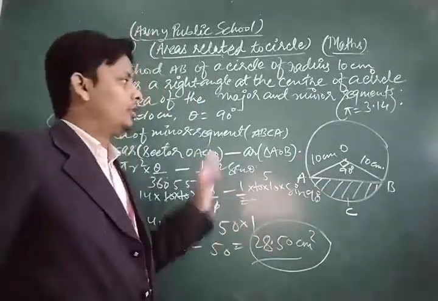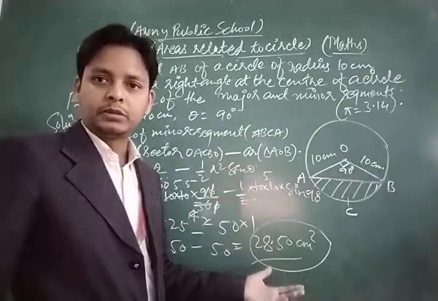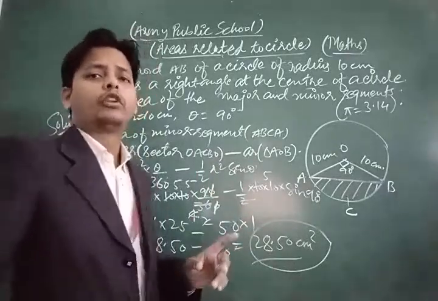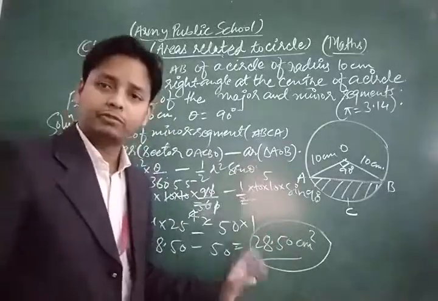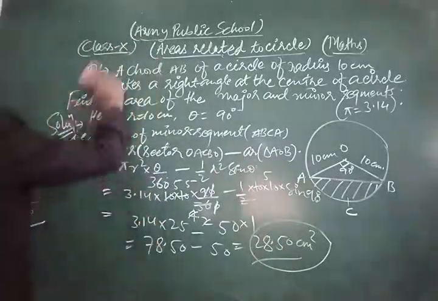Now we also find its corresponding major segment. For finding the major segment, we just use the concept: area of circle minus area of minor segment. Okay, now let's see.